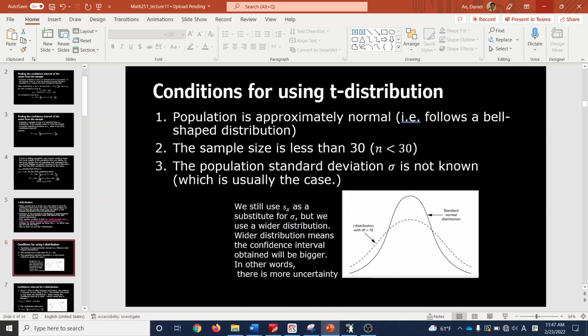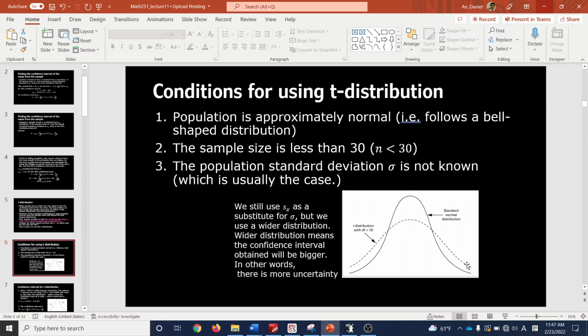And let's also say that the sigma is not known. In such a case, what we do is we use this t distribution, and if you compare the t distribution with the standard normal distribution, the t distribution is wider.